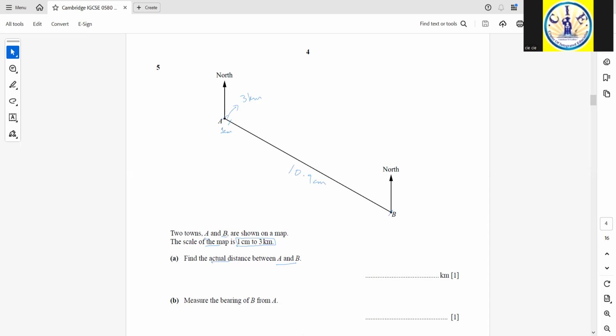So if this distance is equal to 10.9 centimeters, the actual distance is going to be 10.9 centimeters, okay, times 3. So the answer would be in kilometers, that is equal to almost 32.7 kilometers.